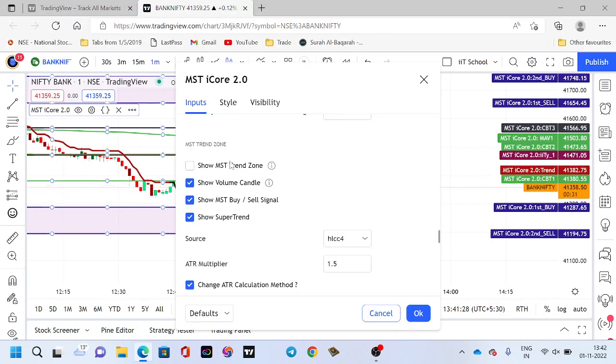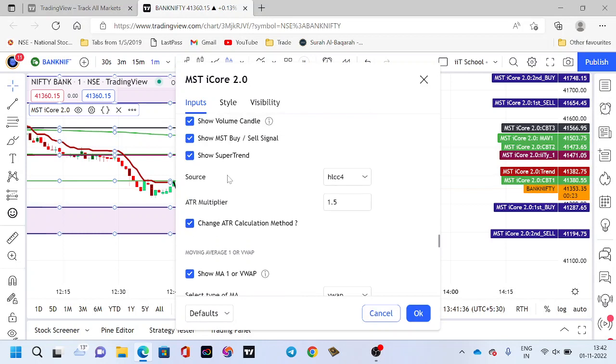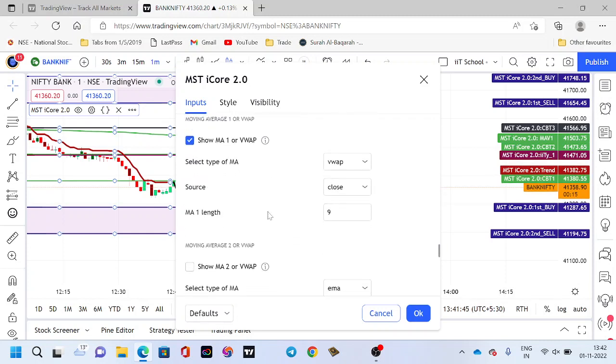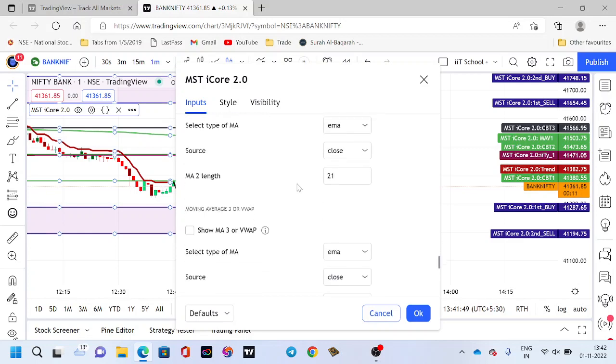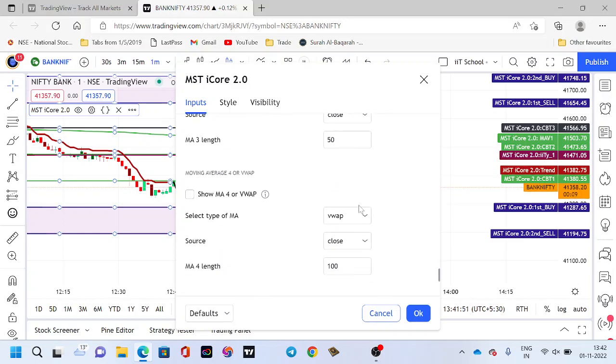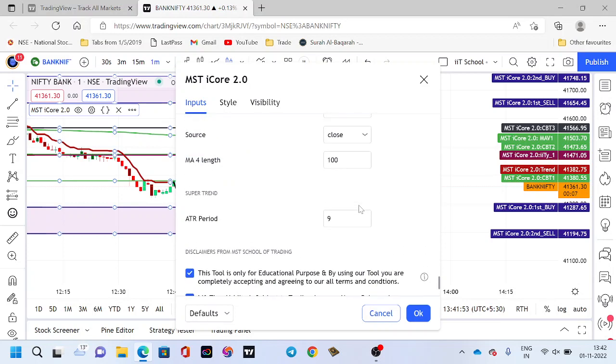It will show you the trend zone, the volume candle, MST buy and sell signal, and super trend. The super trend is not the default one you see in the free indicator. This is the optimized one. Then we have given moving averages 1, 2, 3, 4, and VWAP also.